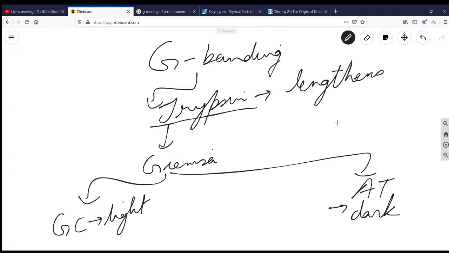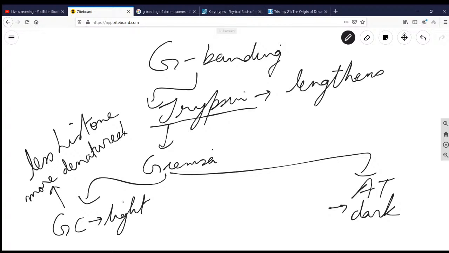So in which part is more histone present, the AT part or the GC part? GC will be more denatured because less histone is there. And where denaturing is more, the stain doesn't bind properly. That is the trick. So learn via conceptuality.